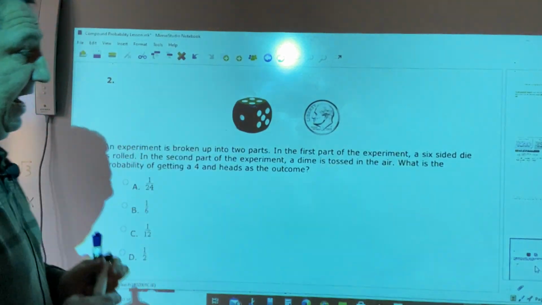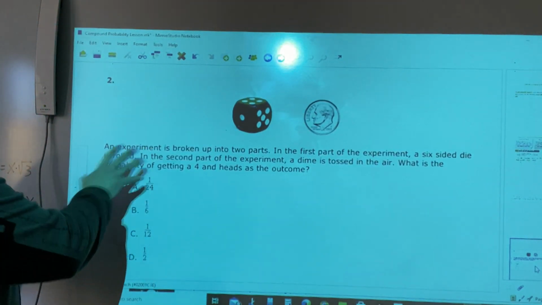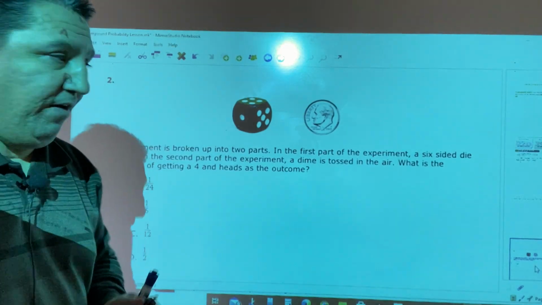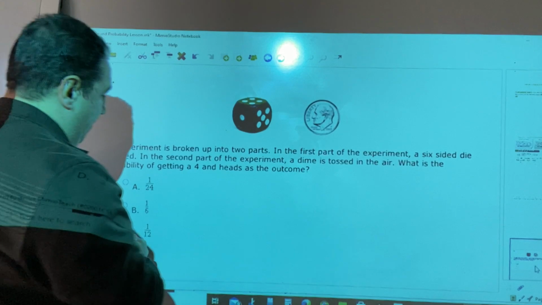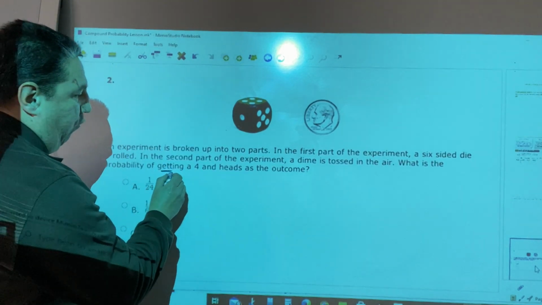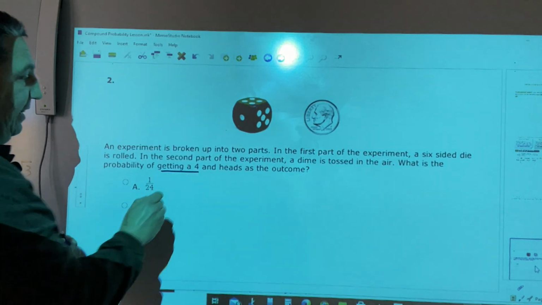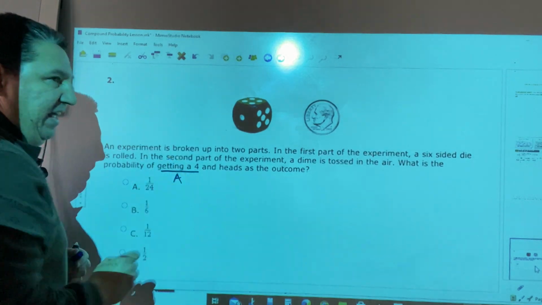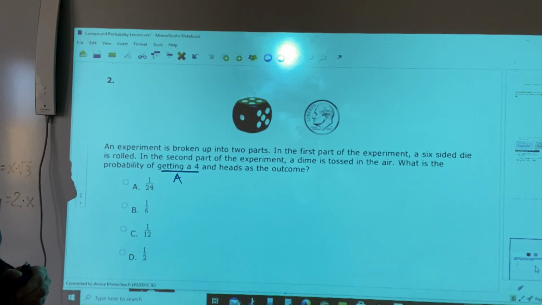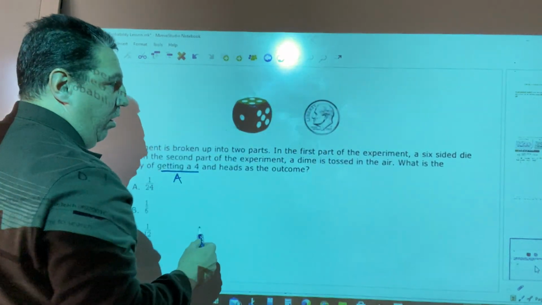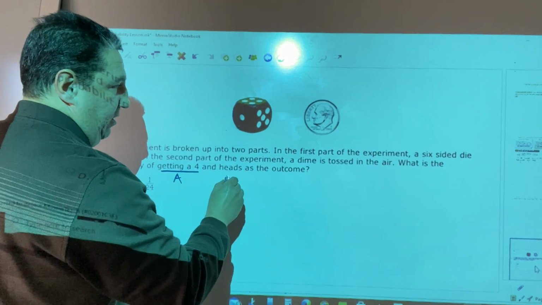Now, in this example, we have, again, 2 events. The first event is getting a 4 when you roll a die. This is so-called event A. Event B is getting a head as we toss a dime in the air.